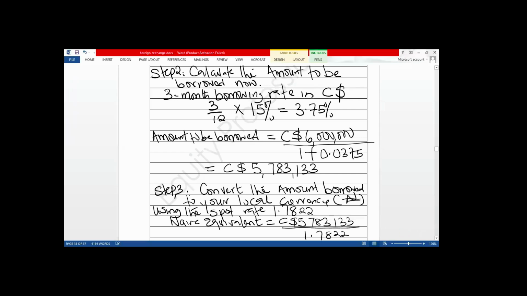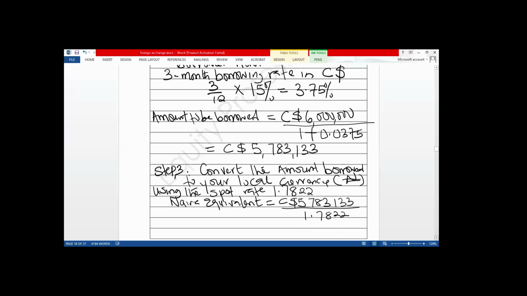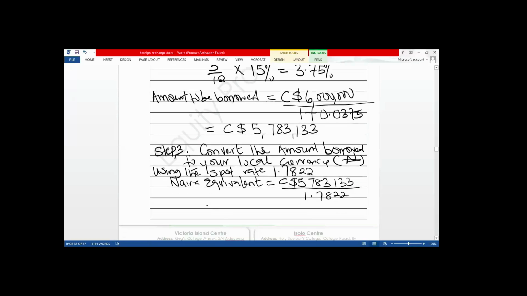Please compute the Naira equivalent. That should give us 3 million. 3,244,940.